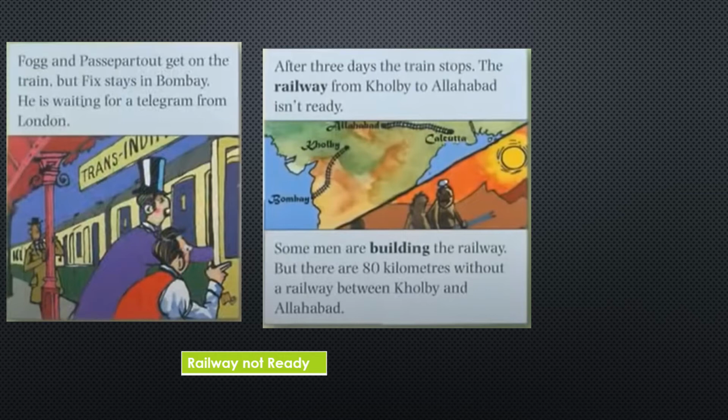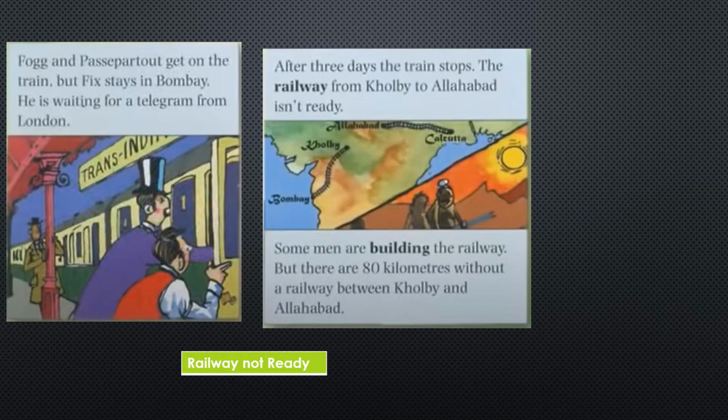And here Mr. Fogg and Passepartout learn that after 3 days the train stops. The railway from Colby to Allahabad isn't ready, and there are some men who are building the railway, but there are 80 kilometers without a railway between Colby and Allahabad, and Mr. Fogg does not have that much time to wait or waste.